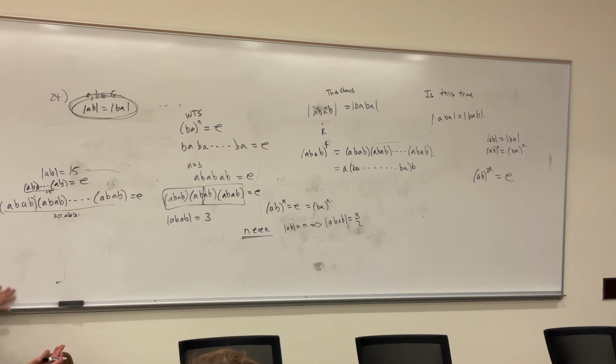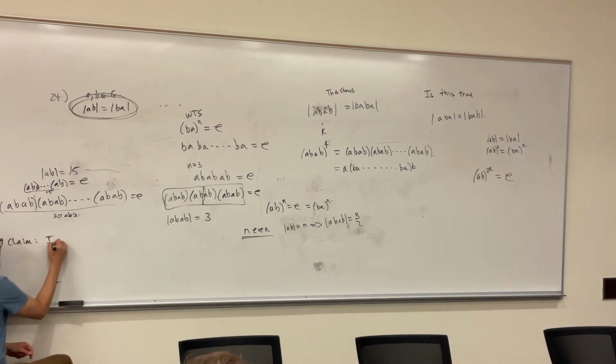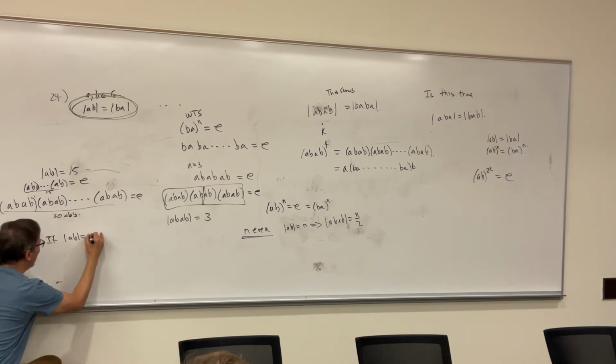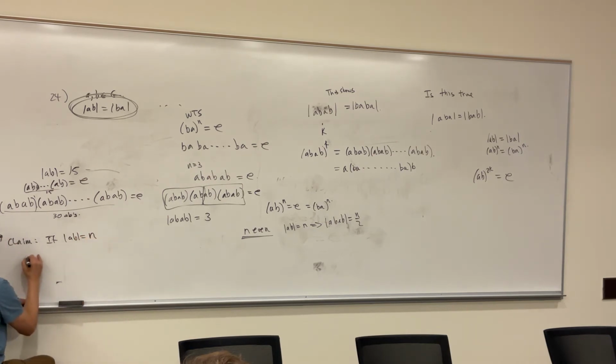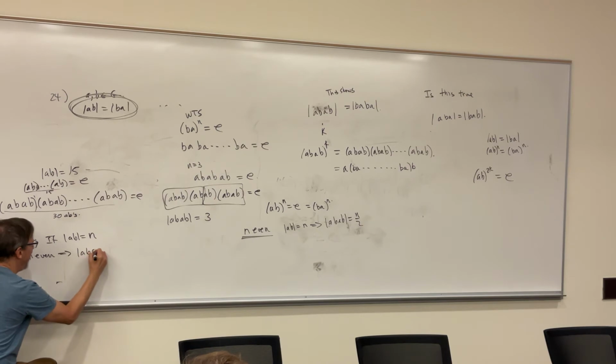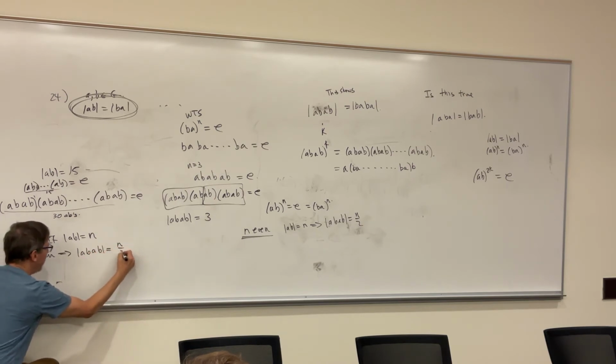So, okay, what about this? Just a proposal, claim. If the order of AB equals n, then n even implies the order of AB is n over 2.